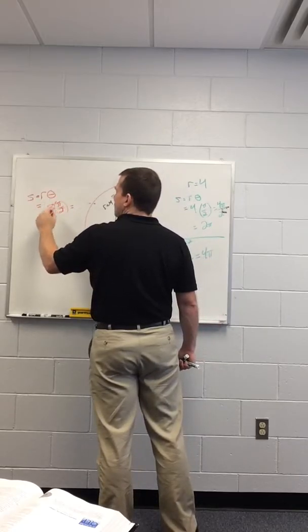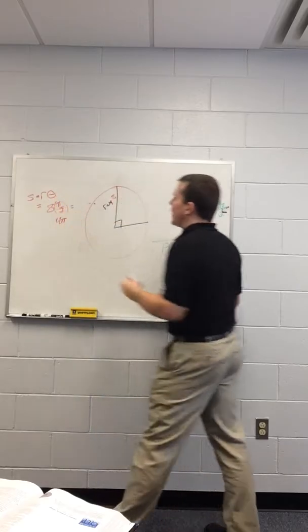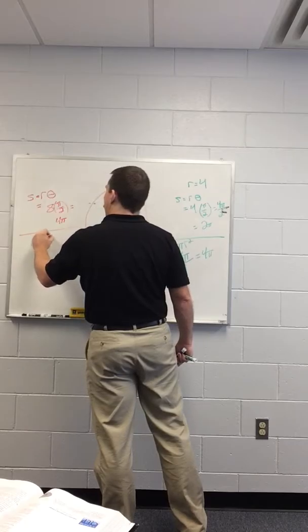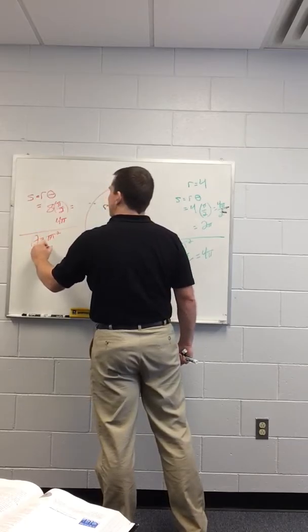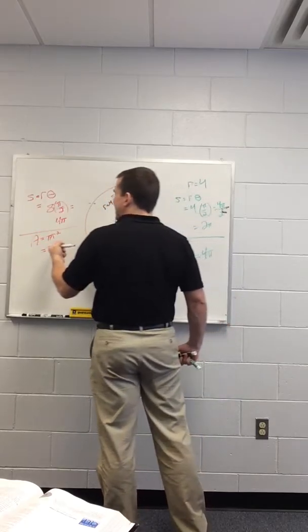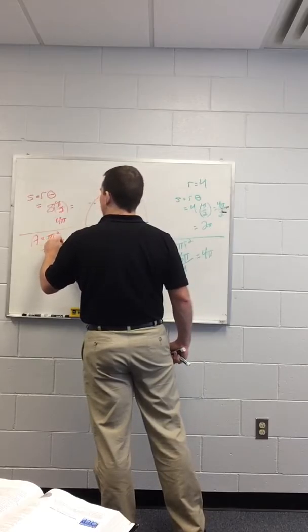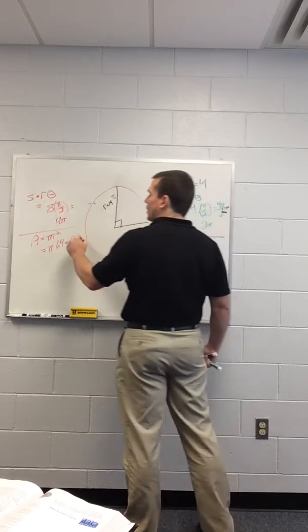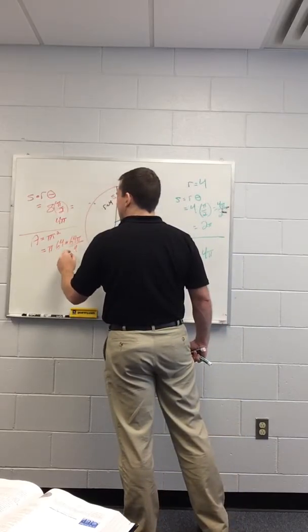And that simplifies to 8 pi over 2, which is 4 pi. For the area of the sector, area equals pi r squared. So that's pi. Now my radius is 8. So 8 squared is 64. So it's 64 pi, but again, that's only 1/4 of the circle. So we divide that by 4. 64 divided by 4 is 16 pi.